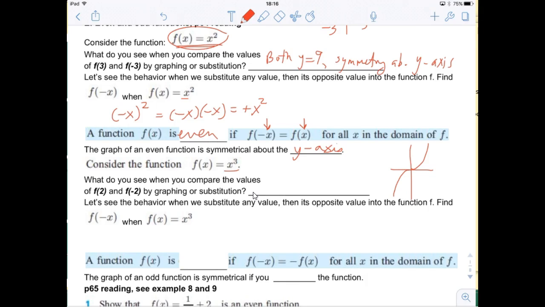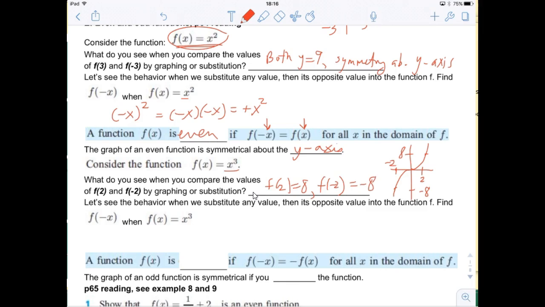So if you put in f of 2, you get y equals 8. And if you put f of negative 2, then you get y equals negative 8. So they're kind of related, but they're not the same value, right? f of 2 gives you 8, and f of negative 2 gives you negative 8.